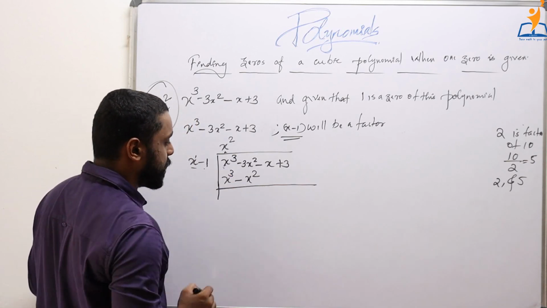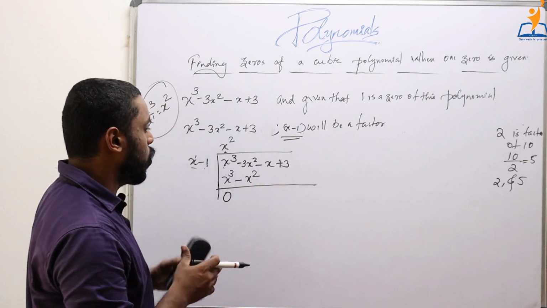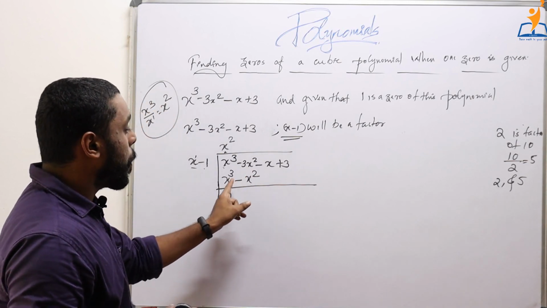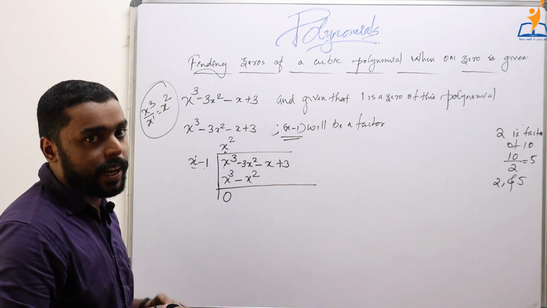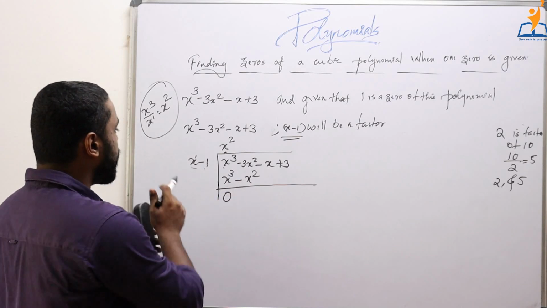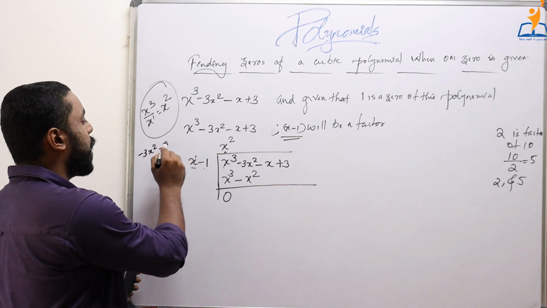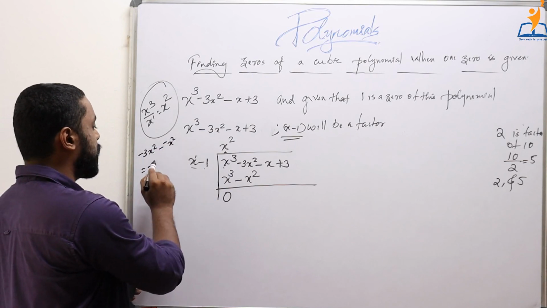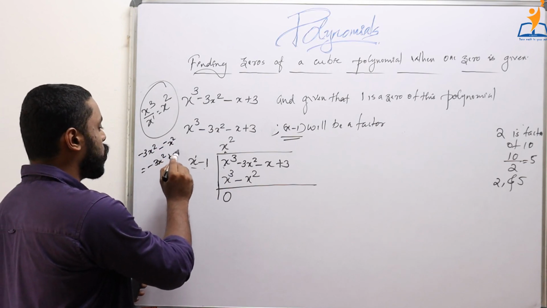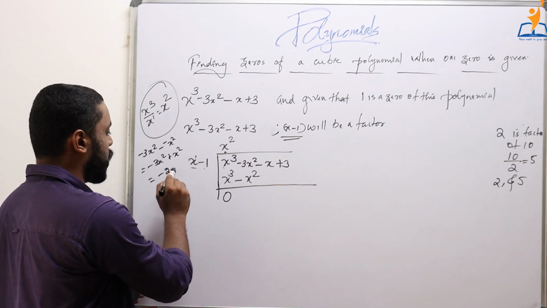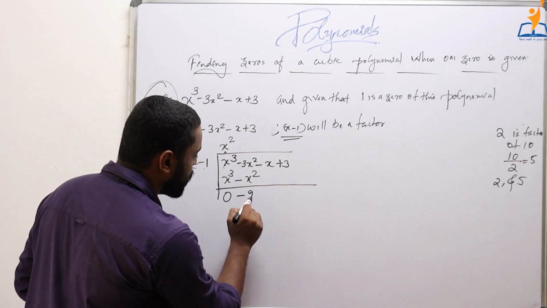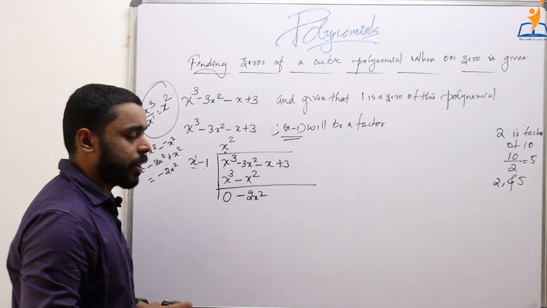So x cube minus x cube is nothing but 0. Minus 3x square minus x square: minus 3x square plus x square is equal to minus 2x square. So we get minus 2x square here.